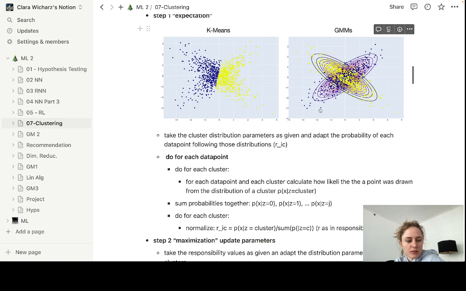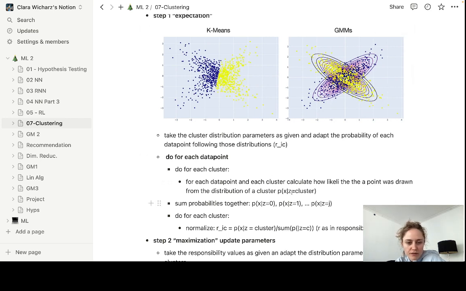So we look at one data point and we check how likely this data point has been generated by a distribution with those parameters from cluster 1, and how likely this data point is drawn from the distribution from cluster 2. Maybe this data point is quite probably drawn from cluster 1, but really improbably drawn from cluster 2.